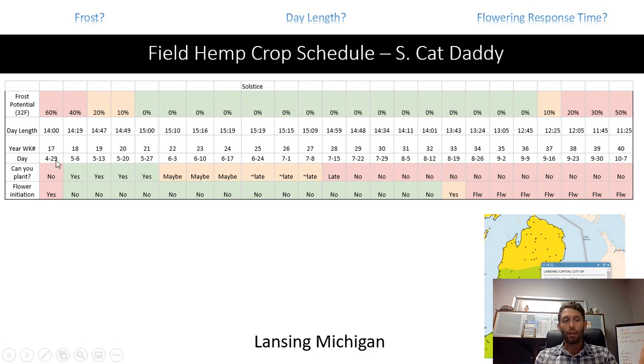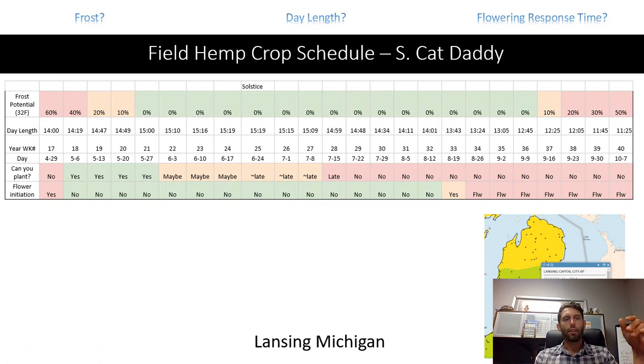We then would say, okay, what's our next best option? We go a week later, we have May 6th. Photo period has increased 19 minutes. So we could actually plant Southern Cat Daddy because now the day length is longer than 14 hours and it would stay vegetative. However, we have a 40% chance of frost. I again would say, heck no, we're not risking it yet.